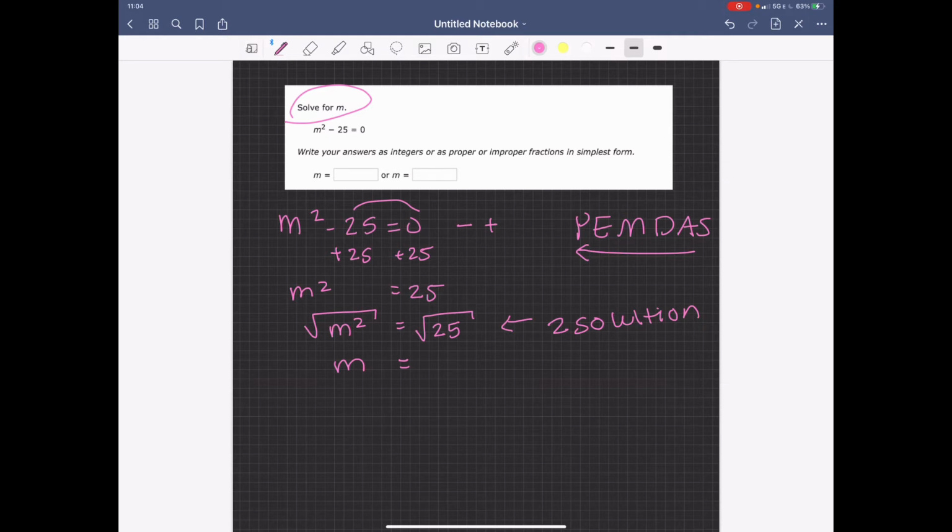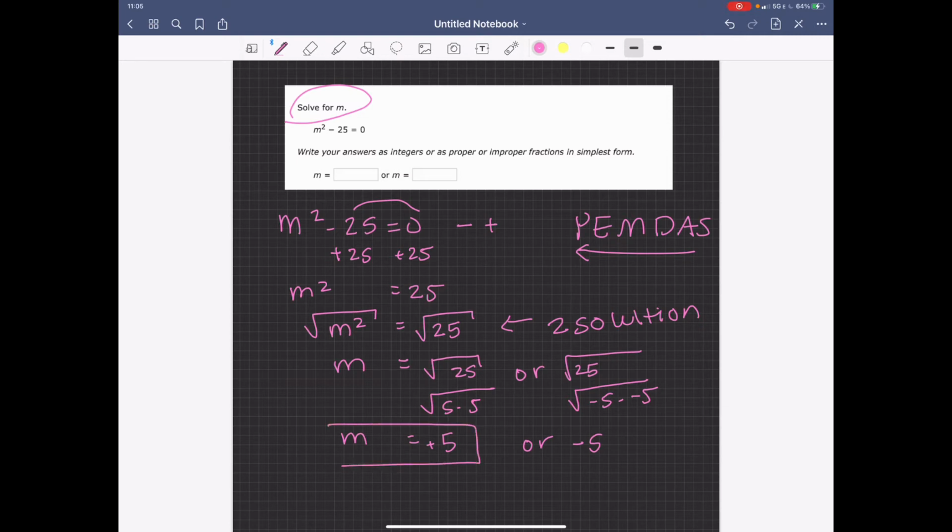When I take the square root of 25, I know that 5 times 5 is equal to 25, and I also know that negative 5 times negative 5 is equal to 25. So when I take the square root of 25, I can get a positive solution and a negative solution. So in this case, m equals 5 and m equals negative 5.